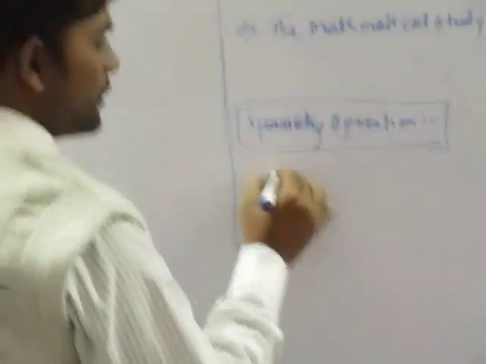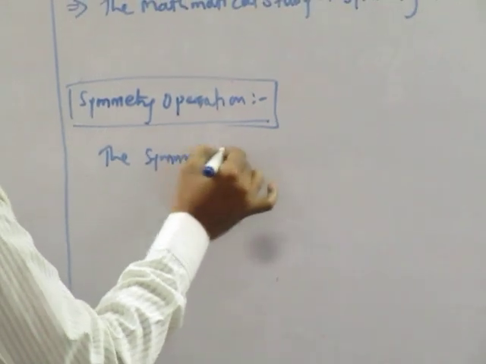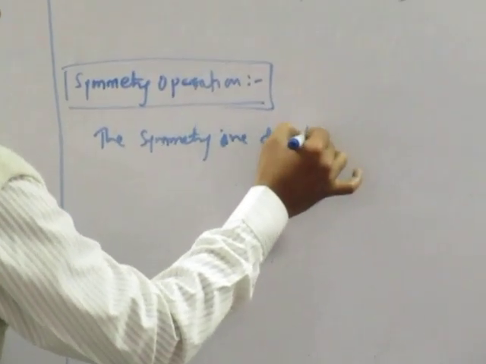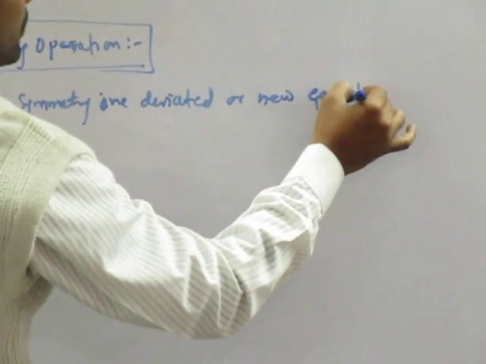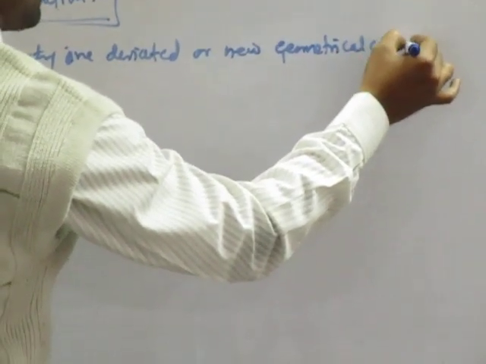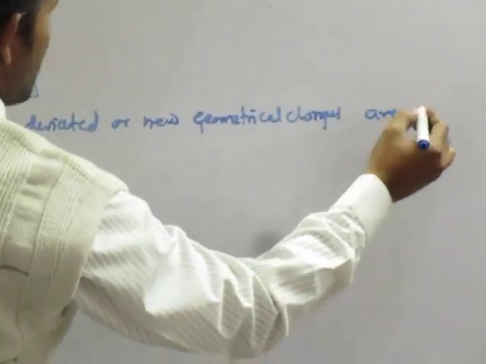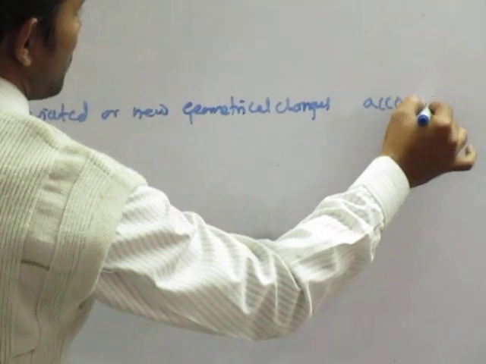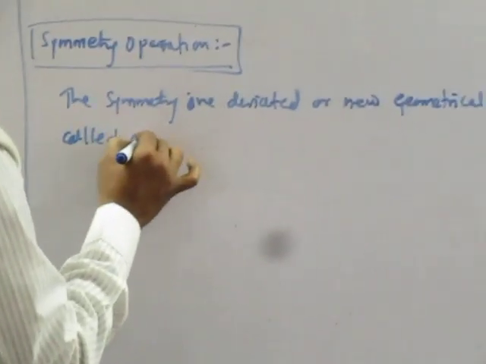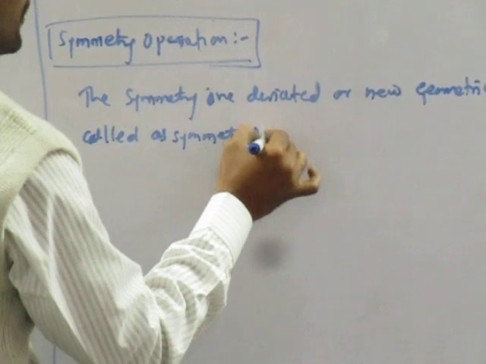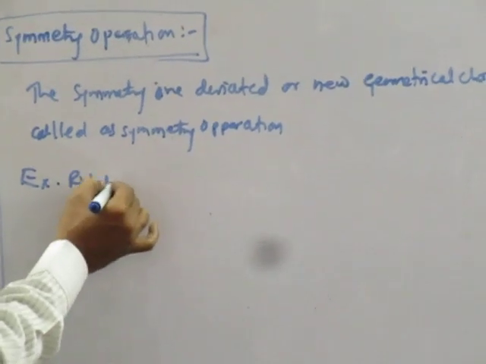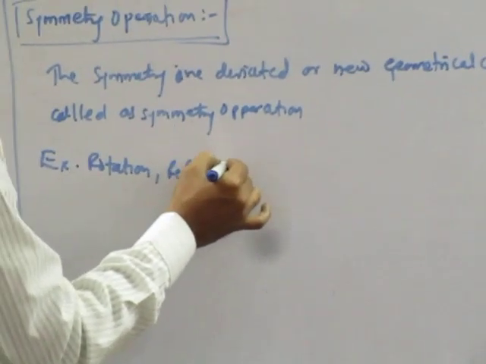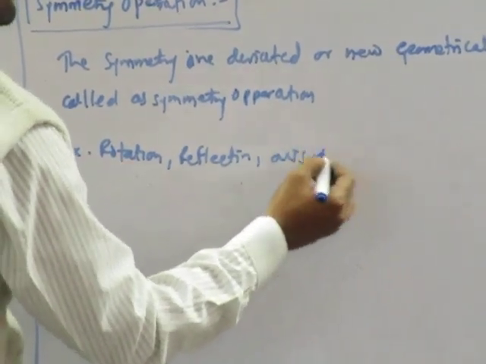Examples: rotation, reflection, or center of symmetry.